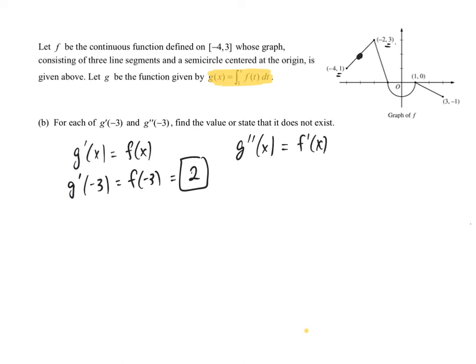If the first derivative of g is f, then the second derivative of g is the first derivative of f. And so g double prime of -3 is just going to equal f prime of -3, and that's going to represent the slope of f at x equals -3. So now we're talking about the slope of this particular line segment, and do that however you see fit, rise over run, or y2 minus y1 over x2 minus x1. Either way, you're going to get an answer of 1.